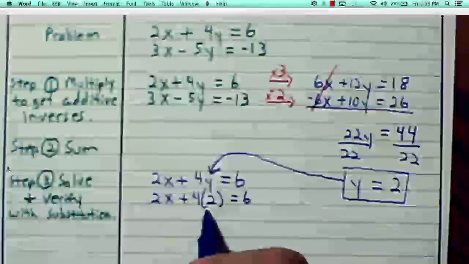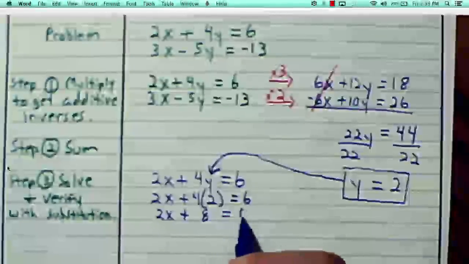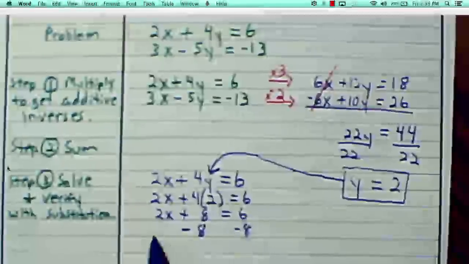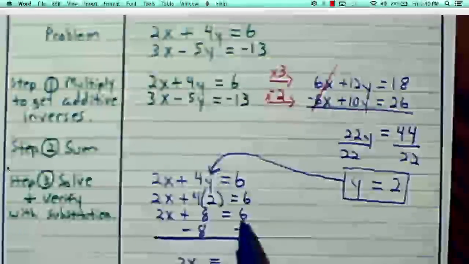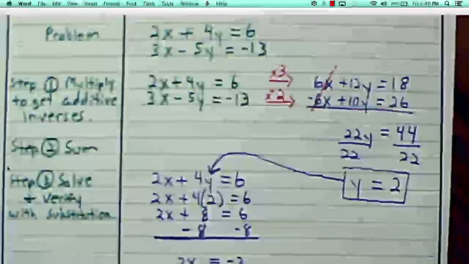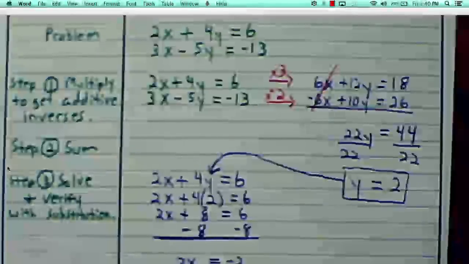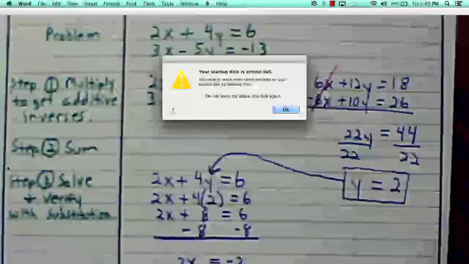Well, 4 times 2 is 8. We have 2x plus 8 is equal to 6. Solving for x, I'll subtract 8 on both sides. The 8 subtract, leaving 2x. 6 minus 8 will be -2. Lastly, dividing by 2 on both sides. Therefore, x is -1.